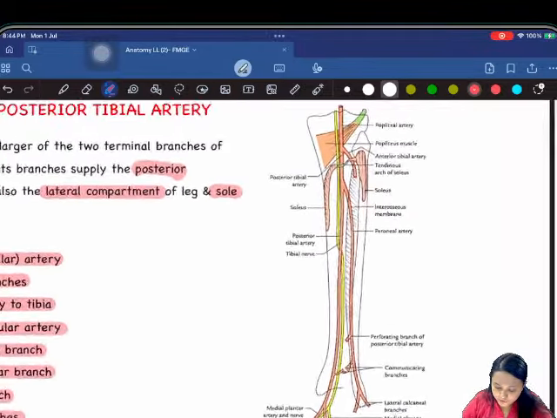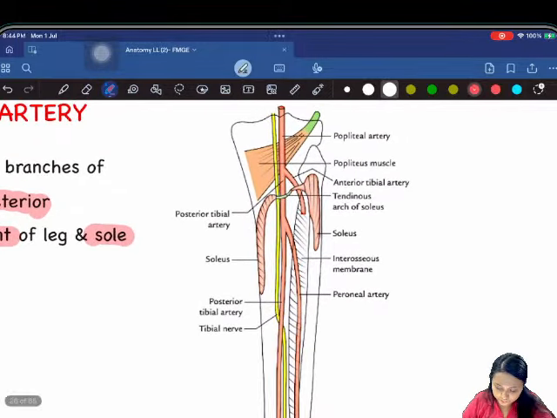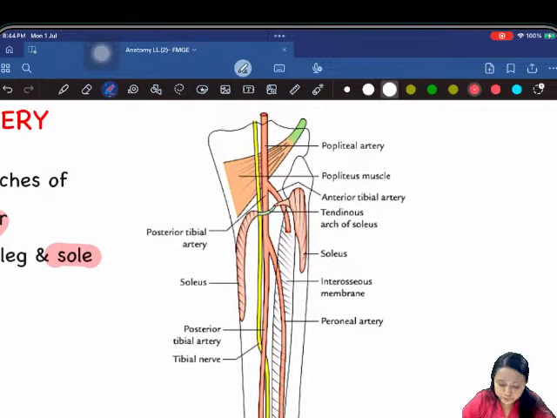If you have to see this image, okay, now you can see a muscle here, that is a popliteus muscle. Okay, popliteus muscle. So popliteus muscle के ऊपर जो artery है, let me show you the purple color, this is the popliteal artery.